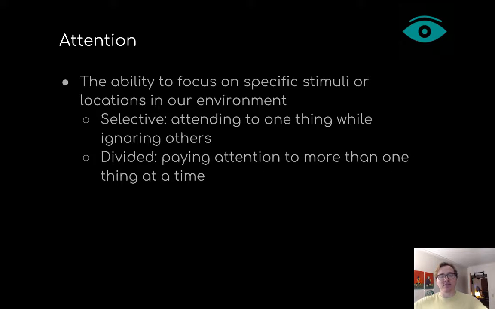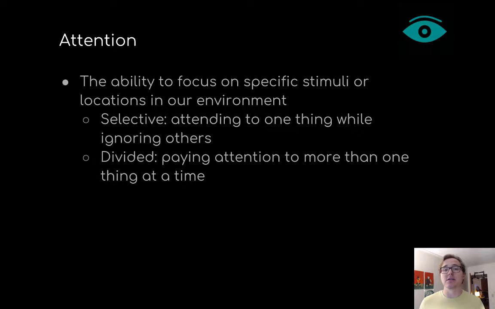So, attention is the ability to focus on specific stimuli or locations in our environment. And for today, I'm going to focus on selective, but there are two different types of attention that we'll focus on primarily in the chapter in this book. First off is selective, so that's attending to one thing while ignoring others, so that idea of specific selective focus. And then divided, paying attention to more than one thing at a time.